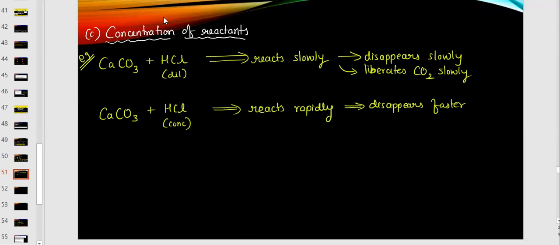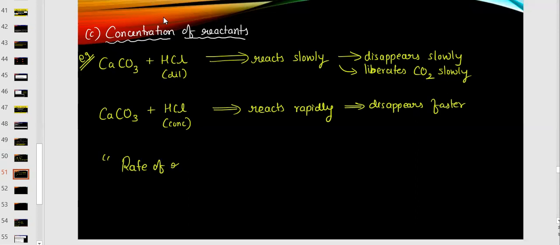So it is obviously going to react rapidly, whereas dilute HCl is not that dangerous, but still you have to handle it with care. So with these two reactions, we have understood that the rate of reaction also depends on it. When you are using dilute HCl, it is different, and when you are using concentrated, it is different.